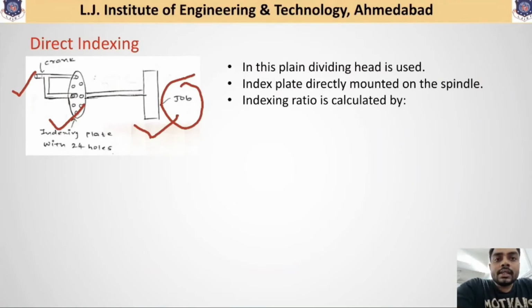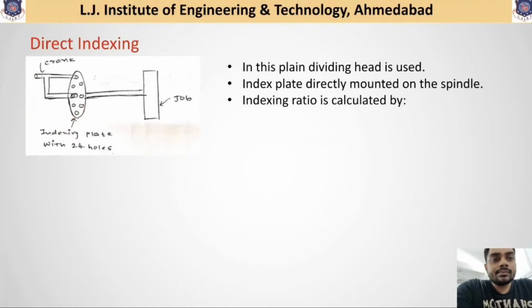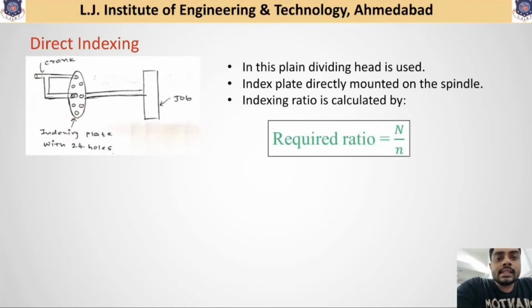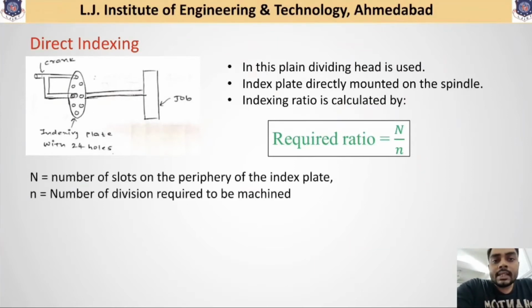To calculate the indexing ratio required for any machining operation, you just need to use the simple equation you can see here. The required ratio is obtained as capital N divided by small n. So what is capital N? Capital N is the number of slots on the periphery of the index plate.